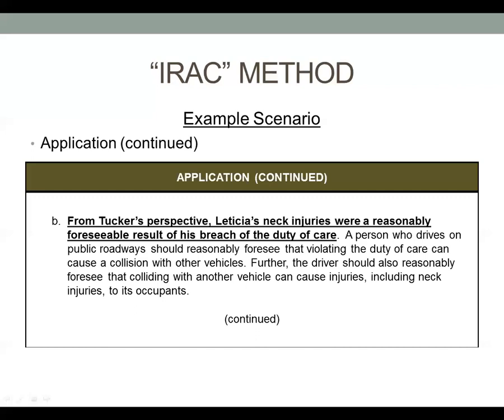So from Tucker's perspective, it is very likely that neck injuries like Leticia suffered would be a reasonably foreseeable result of his failure to exercise the duty of care he was required to exercise.